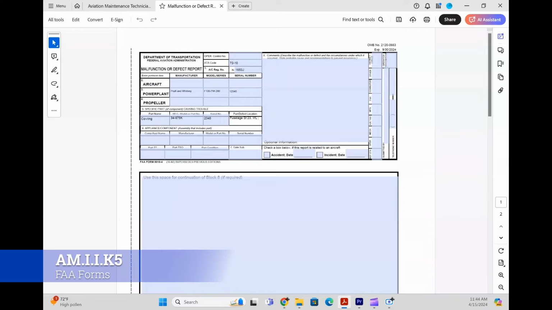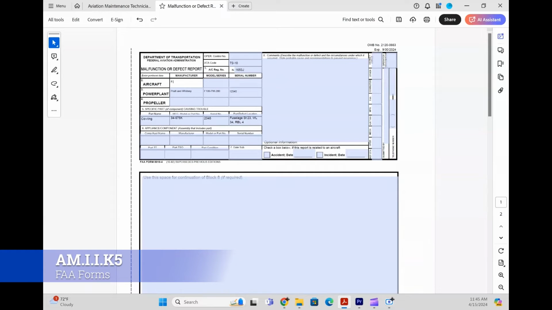So we're going to put a 3-point location. I just made one up. So we're going to say it's on this side, and then here's our station number, our water line, our right butt line number, and that would give us a three-dimensional location, like a coordinate grid system to go exactly where that part's at, so there's no mistaking what we're talking about.